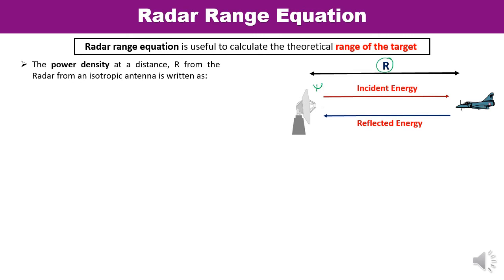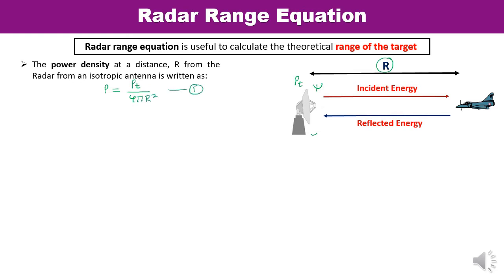So the power density at a distance R from the radar is equal to the transmitted power, say PT, divided by the surface area of an imaginary sphere of radius R. So here we can write the power density from an antenna as PT upon 4 pi R square.